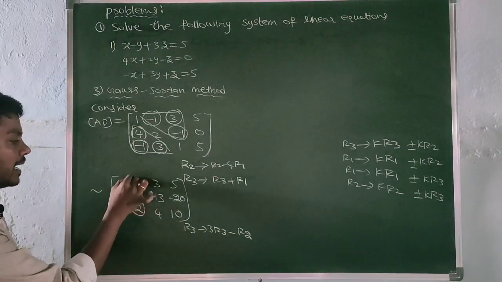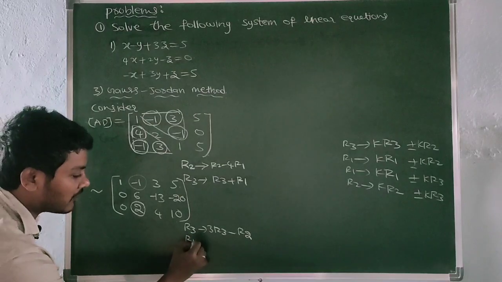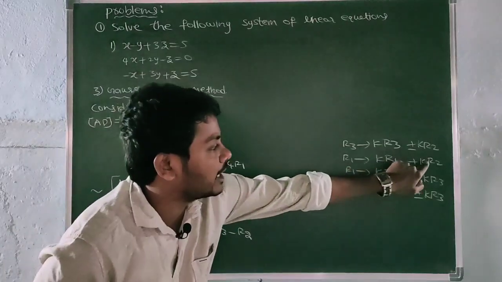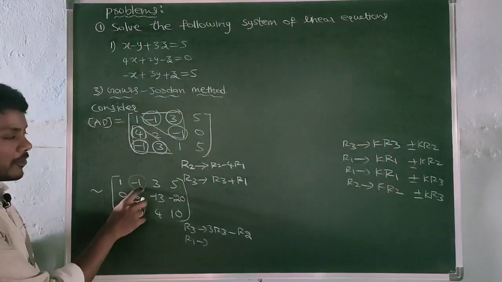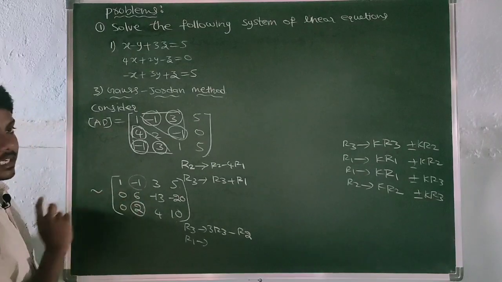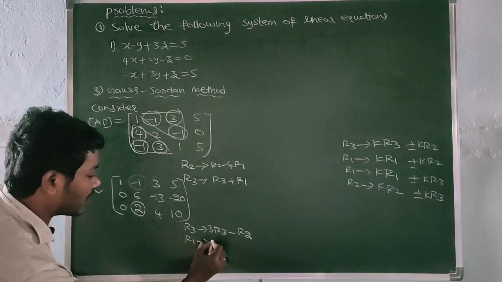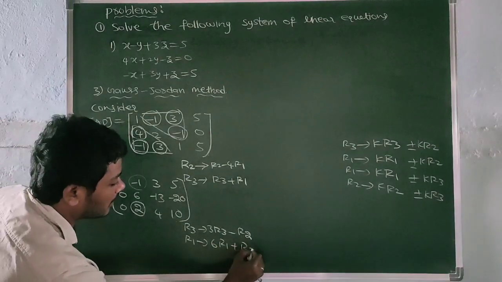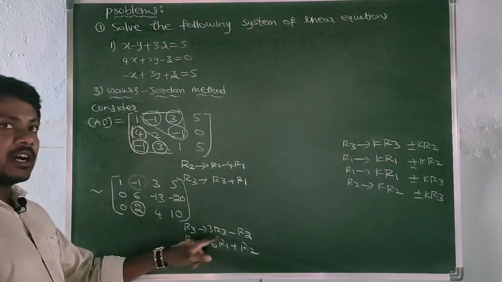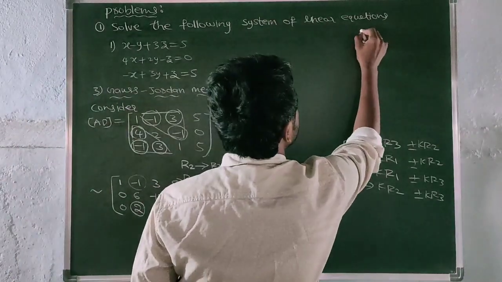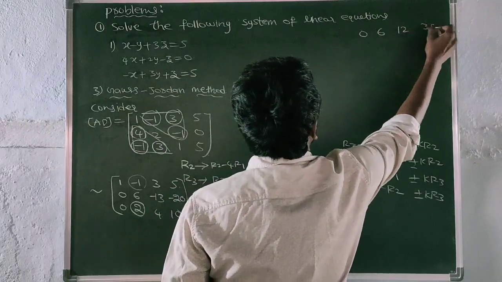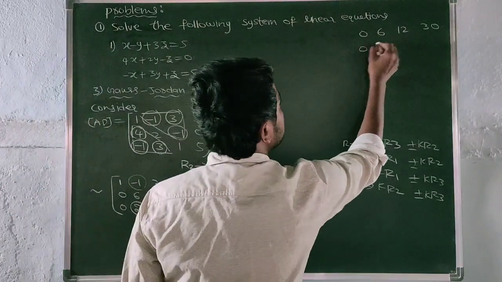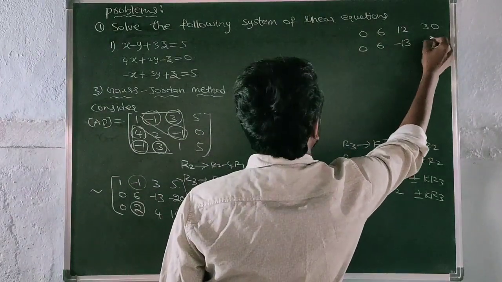Next you have to make this minus 1 as 0. So for that you have to use both R1 and R2. The R1 row second element is minus 1 and the R2 row second element is 6. So R1 changes to 6R1 plus R2. See here, 3 times R3, that is 3 into 0: 0, 6, 12, 30. Next to the R2 row: 0, 6, minus 13, minus 20.